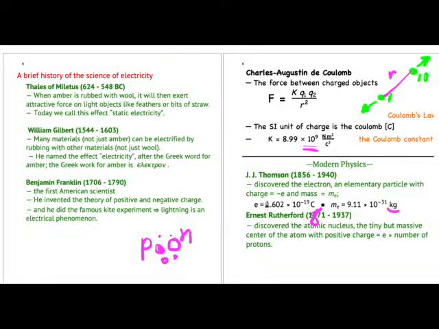So some integer number of electrons surrounding a nucleus will be electrically neutral. It's still, even today, a mystery why electrons and protons have exactly the same magnitude of charge. Just an experimental fact.